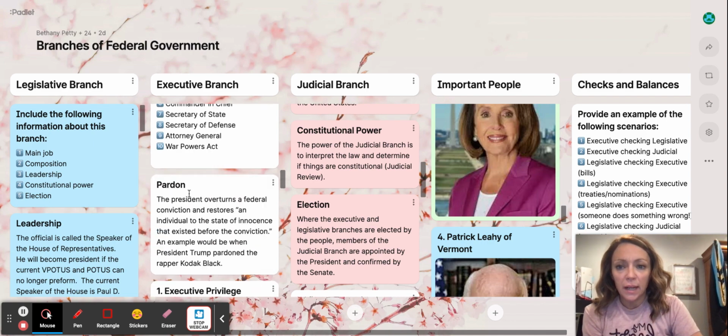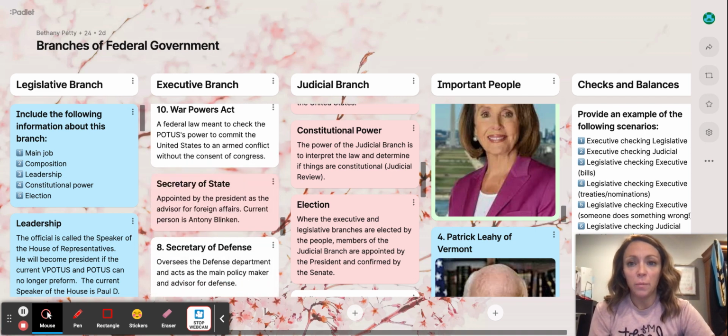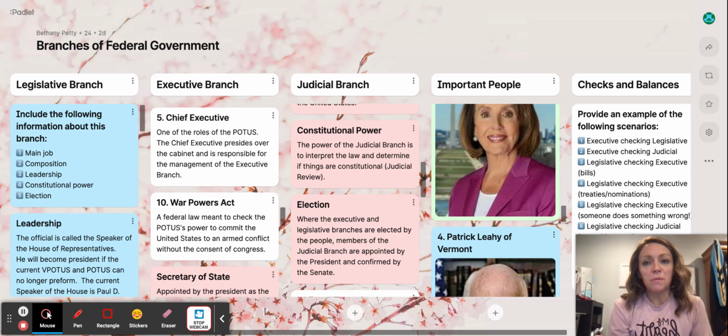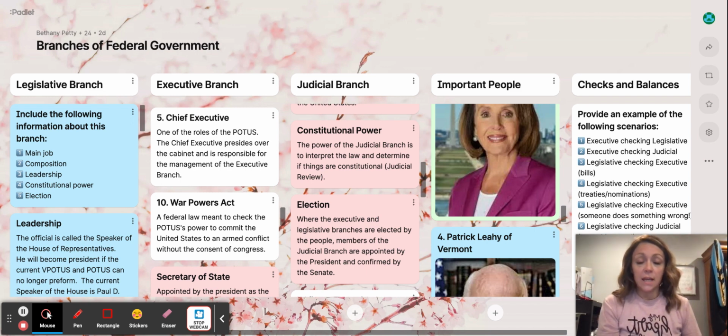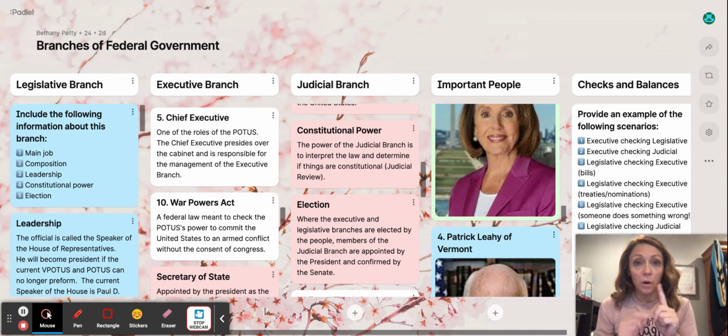The executive branch, of course, we know is the president and all of the people that help him out. As chief executive, the president is responsible for making sure that the decisions made by Congress and the decisions made by the Supreme Court are executed, that they're enforced. Now we know that the president doesn't ride around in Air Force One and make sure that you are following the law.